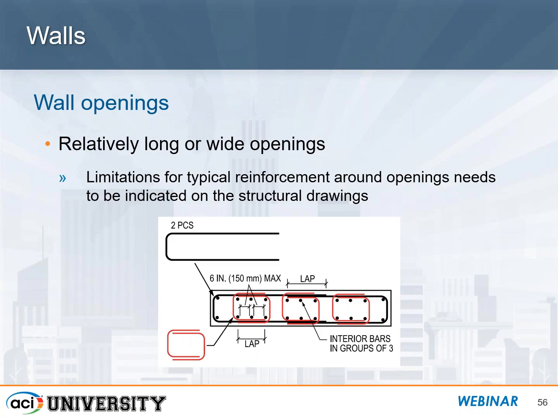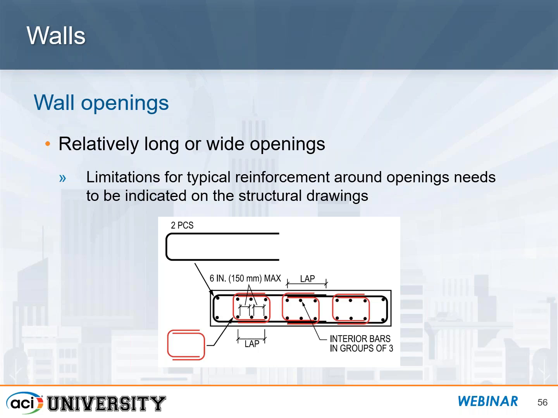Then when you have a lot of openings in a wall, you have to start to think about whether this wall is acting more like a wall, or more like a series of columns and beams. So for certain cases, you may analyze it both ways and see which way is more critical, and then provide more details for the horizontal portion that acts like a beam, and specific details for the vertical portions that act like a column.